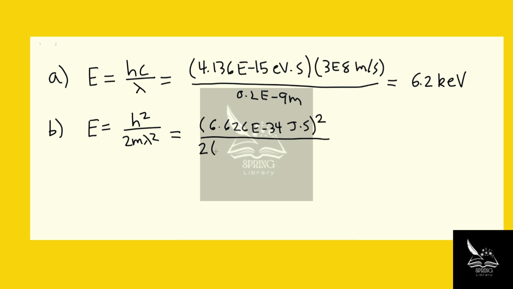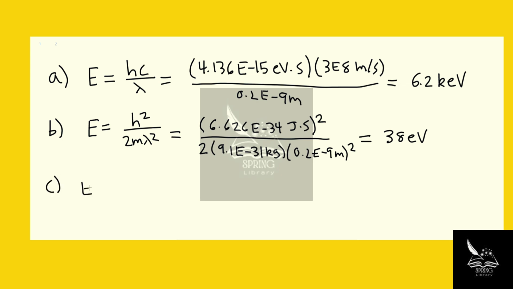And using the mass of an electron, 9.1 e to the negative 31 kilograms. And the wavelength as before, 0.2 e to the negative 9 meters, squared. Doing this calculation will give us 38 electron volts.